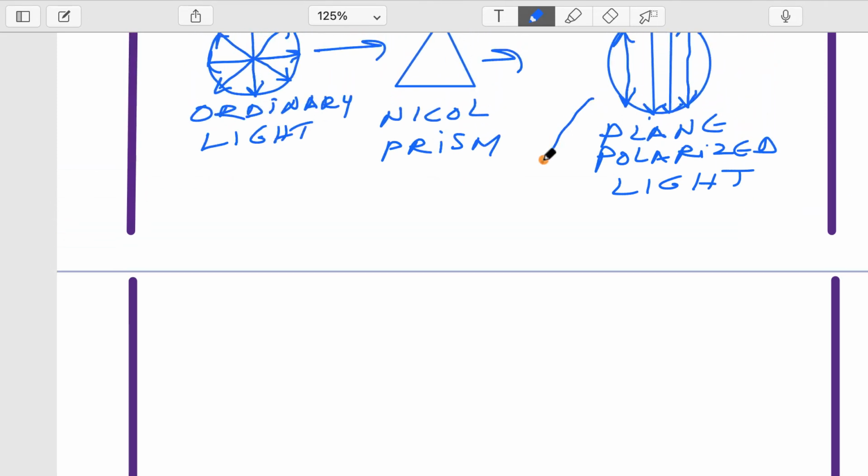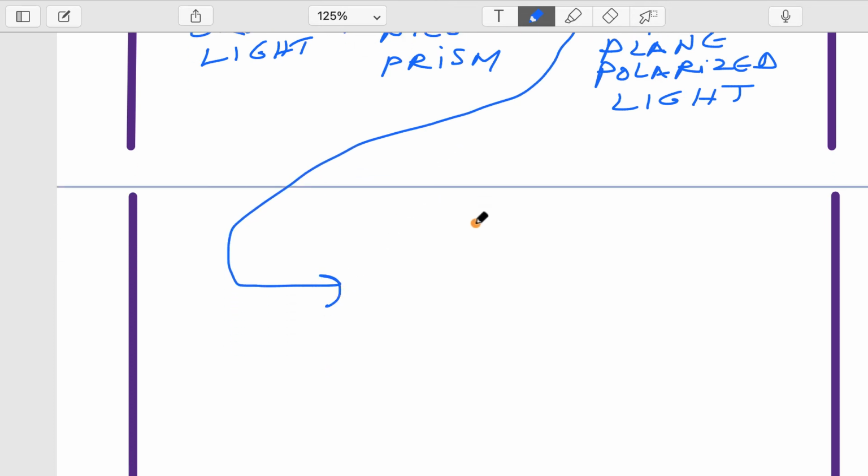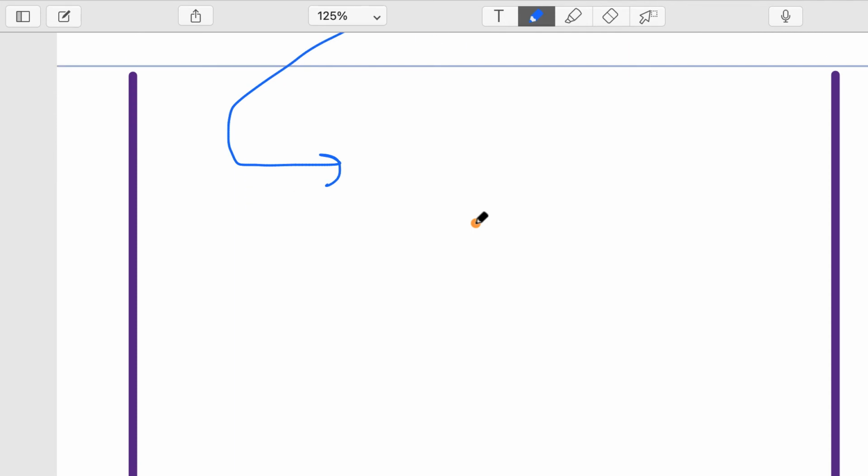If you pass it through a solution in a test tube, what will be the consequences? What will be the consequences when you pass this light through it?